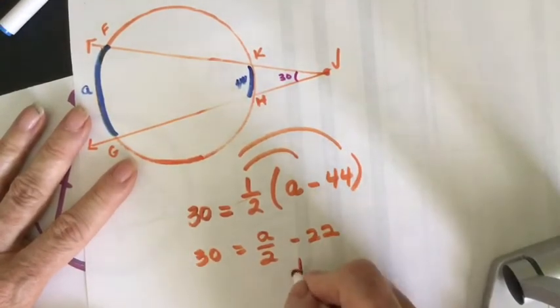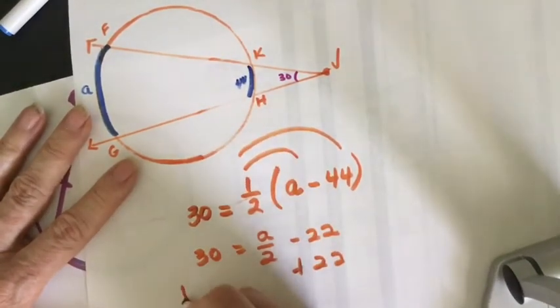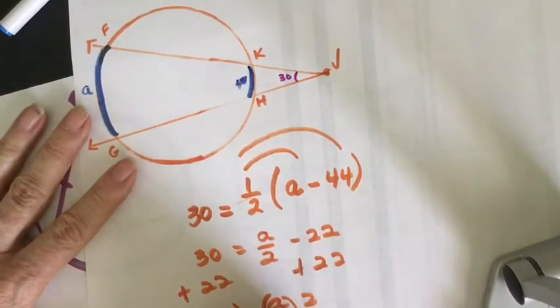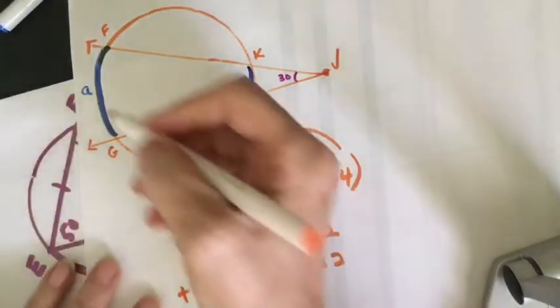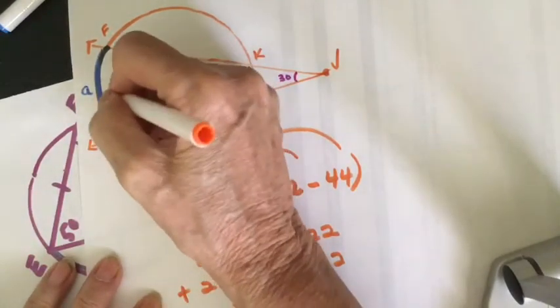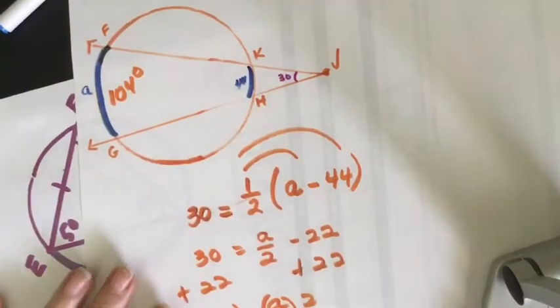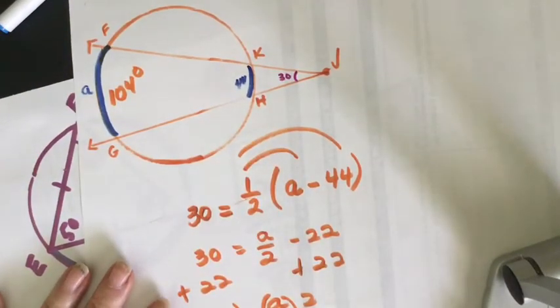I'm going to add 22 to both sides, giving me 52 equals A over 2. Multiply both sides by 2, and the measure of this arc right here is 104 degrees. And that was problem number 3.